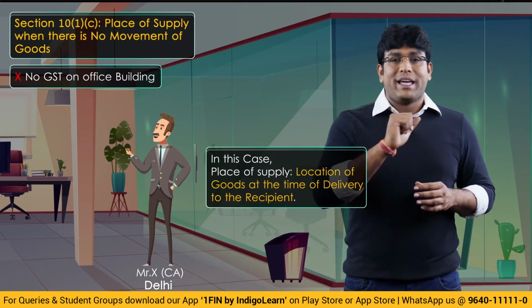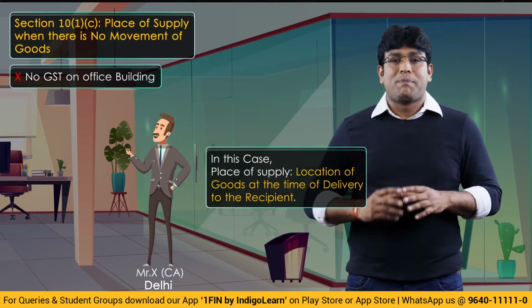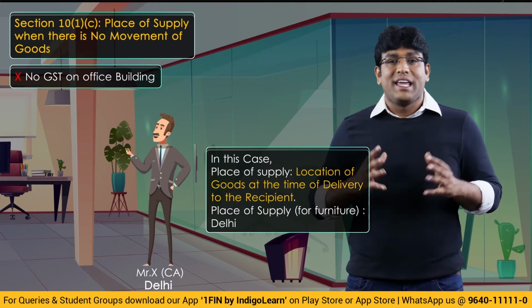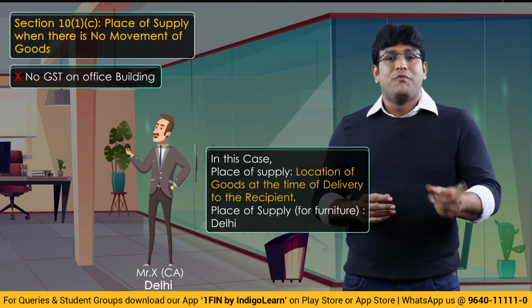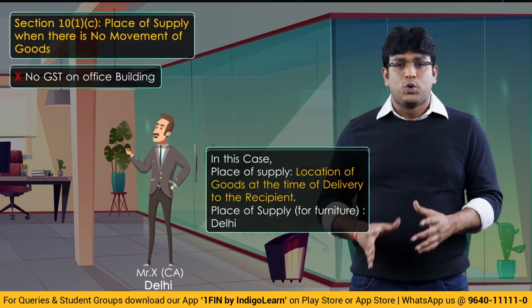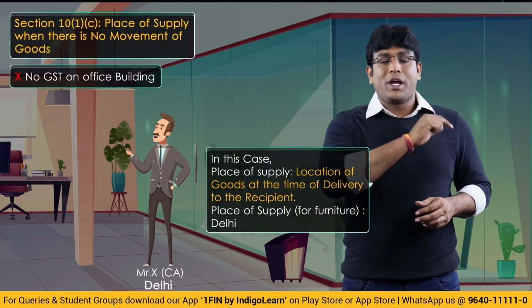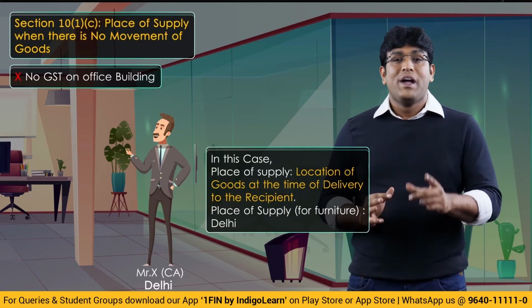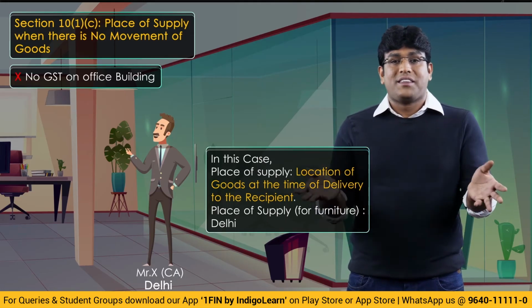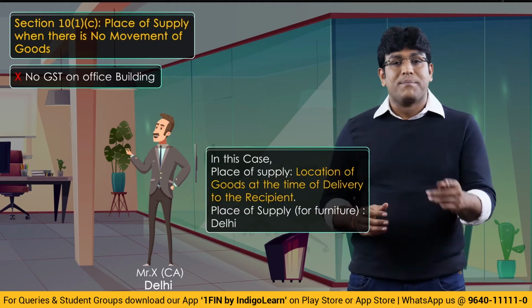In Delhi. In my example, place of supply for that furniture will become Delhi, because 10(1)(c) is applicable to a case where there is no movement of goods, and in such a case, place of supply will be location of goods at the time of delivery to the recipient. And where is the location of goods? That is nothing but Delhi. So answer will become Delhi.